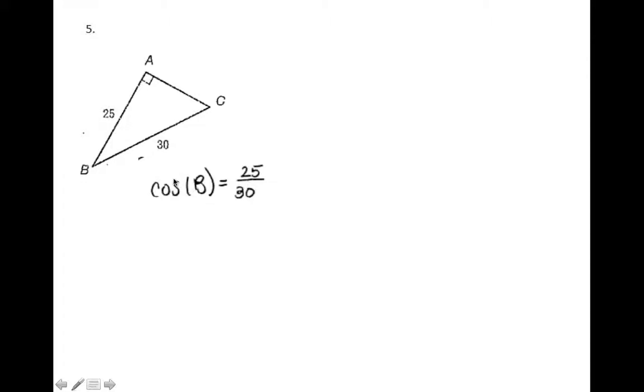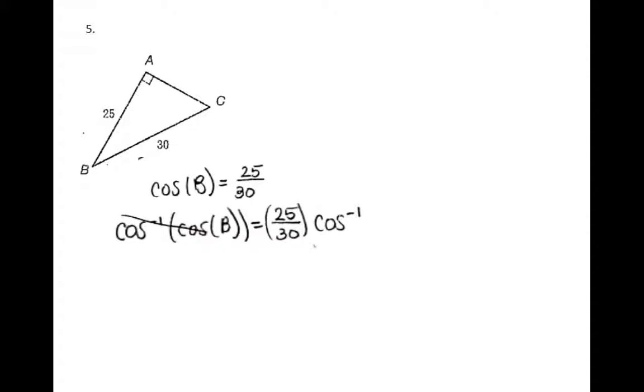Then from there, we're trying to undo this cosine of B. So we're going to multiply by the inverse cosine. The inverse cosine cancels, and we're just left with B equals the inverse of cosine of 25 over 30.